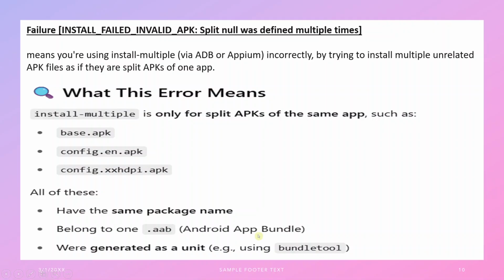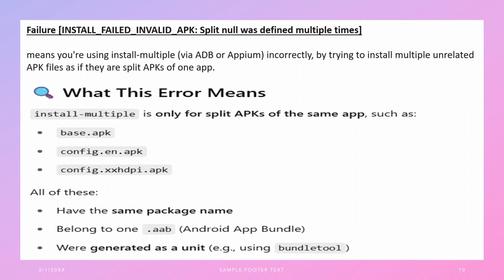When you want to install multiple APKs, they should be grouped, meaning they should have the same package name and belong to one .aab, that is an Android App Bundle. It is not that you install different APKs of different packages here.